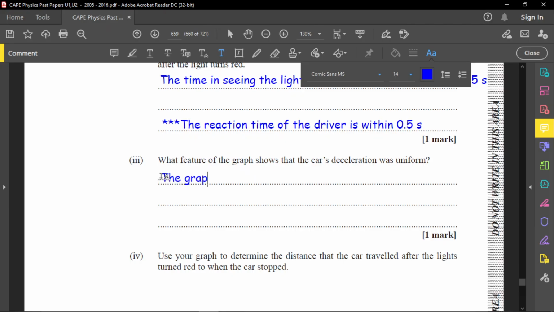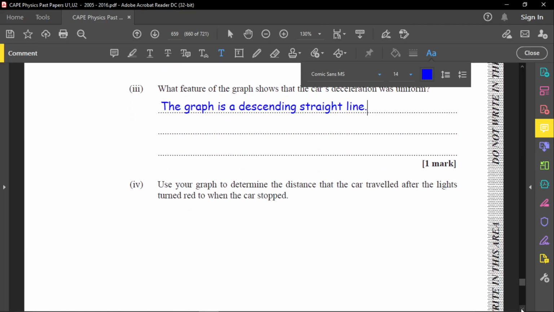The graph is a descending straight line. All right, so great. The fact that it's a straight line and it's descending shows you uniform deceleration. Let's go to part 4.